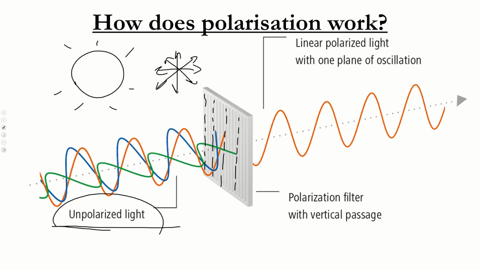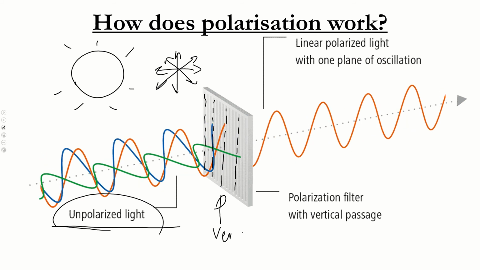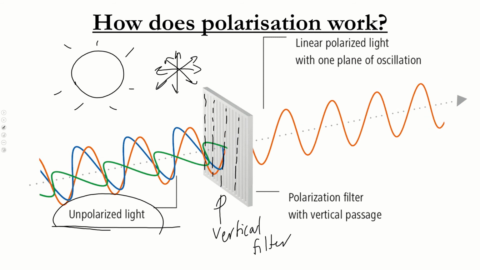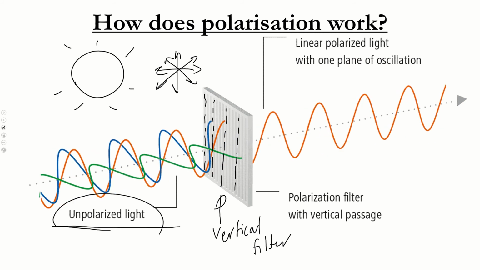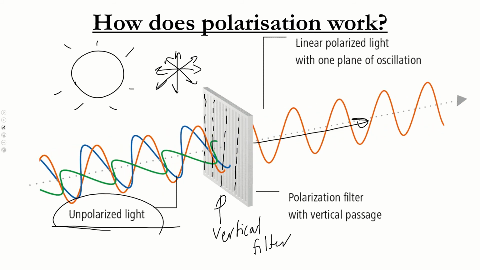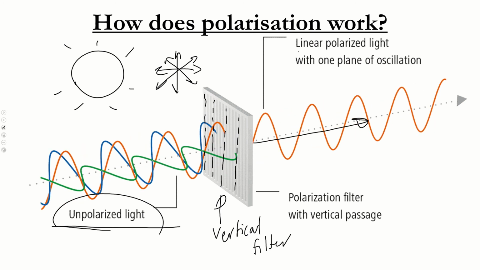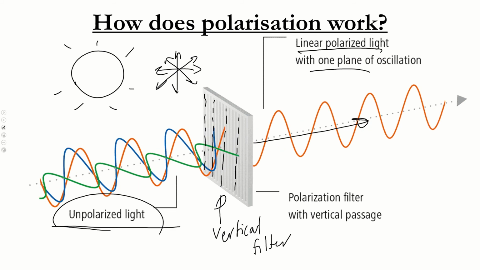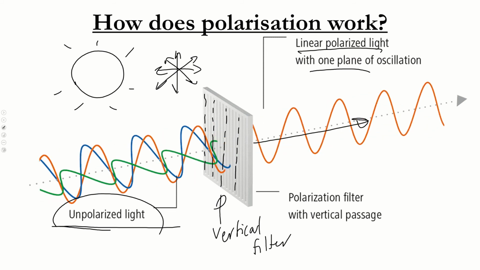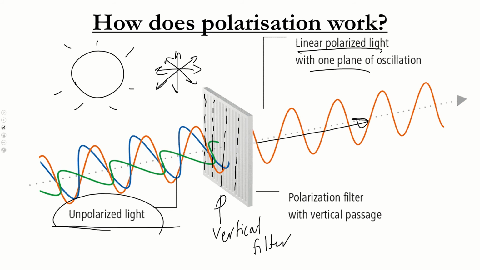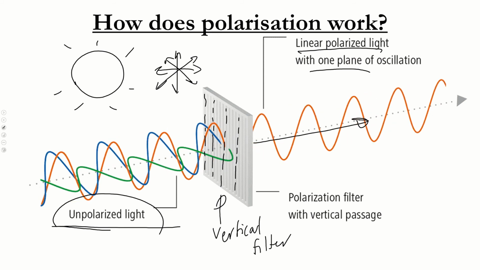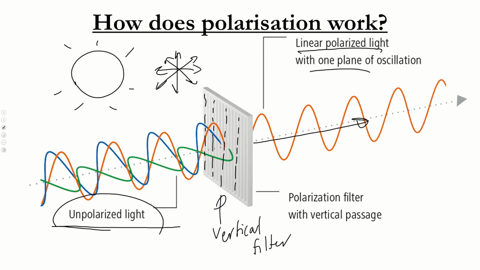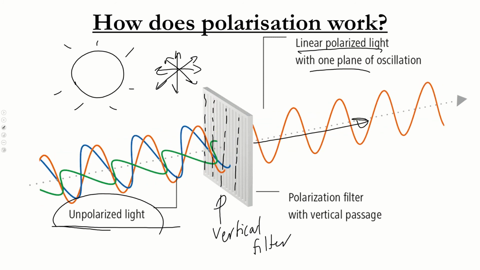When we have a polarizer, this one is a vertical filter. What that means is it only allows light that's vibrating vertically, up and down, to pass through. We call this a linear polarizer because we're only allowing one orientation to come through. You can see that no matter how they're vibrating, any wave that's not vibrating vertically is blocked out, and so that's why we see a decrease in the light's intensity.